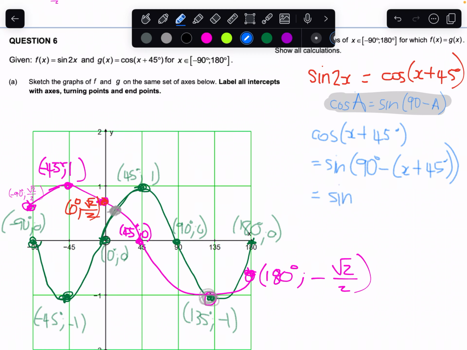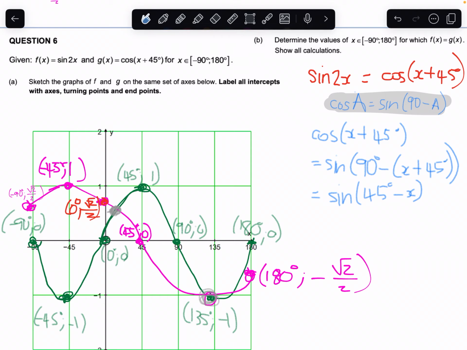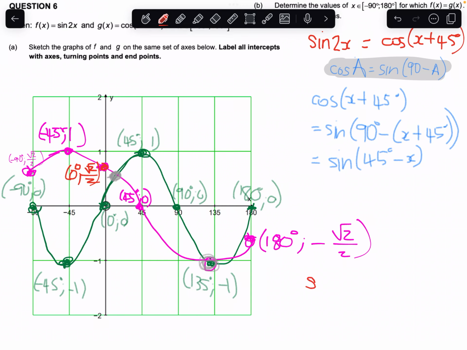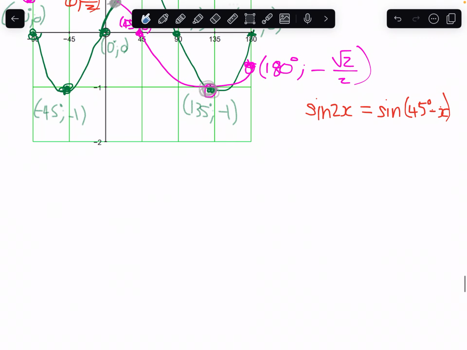Brackets are important here. Which is sine of 90 minus 45, which is just 45, and this will become minus x. So now we can rewrite our equation as sine 2x is equal to sine of 45 degrees minus x.